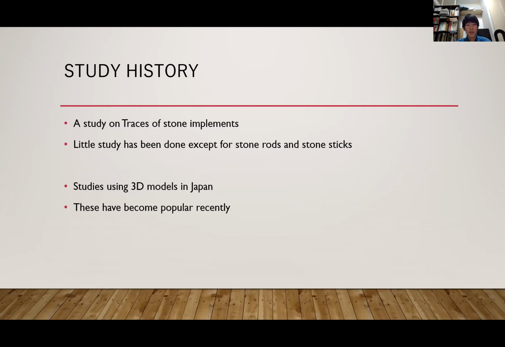Studies using 3D models have been actively conducted recently, and it is also used for analysis of surface traces. I analyzed the surface traces of stone implements using 3D models, considering the lack of surface traces analysis of stone implements and the fact that surface traces can be easily studied by using 3D models.